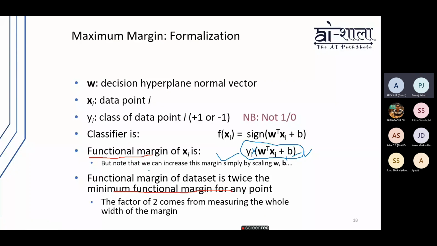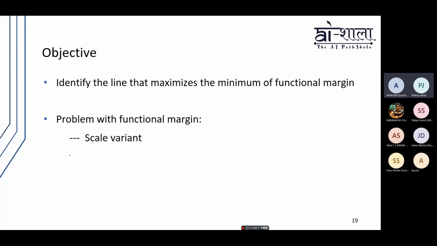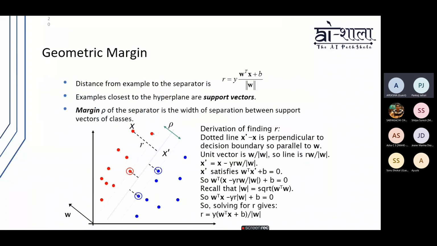The functional margin is basically scale variant: as you increase the scale, the margin changes. This is the issue, so we want to normalize it. So this was a functional margin, and now we divide it by w and we get a geometric margin.